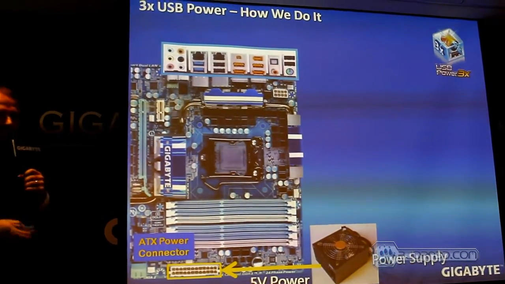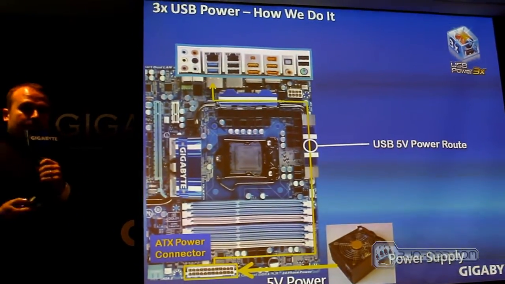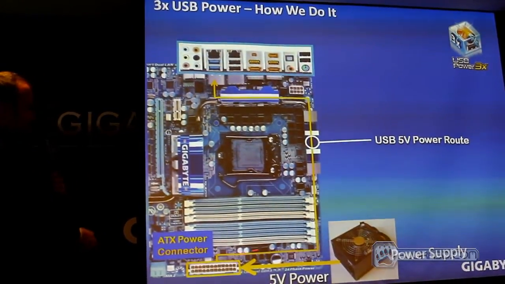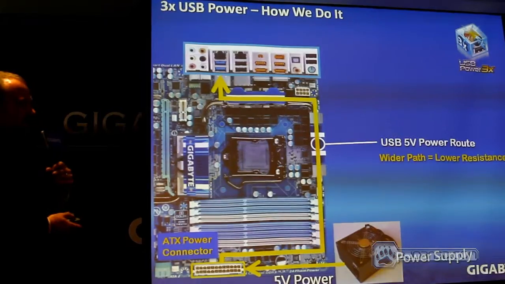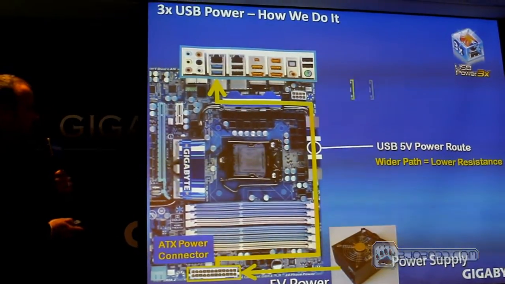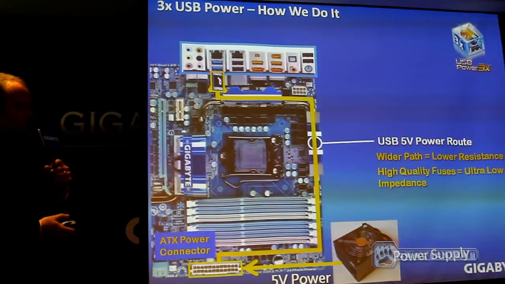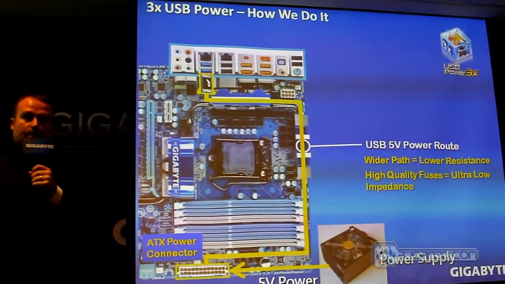It's not just a software feature. We've actually made some improvements to the motherboard design. This is your power connector, and these are the traces that run to your USB ports. We've reinforced those traces, so there's less resistance along that route. We're also using higher quality fuses, and every USB port has one fuse.